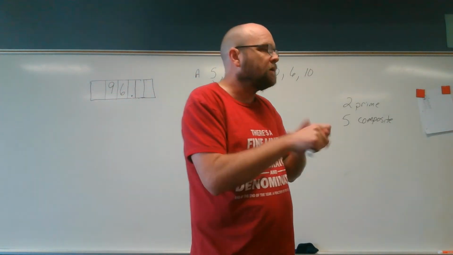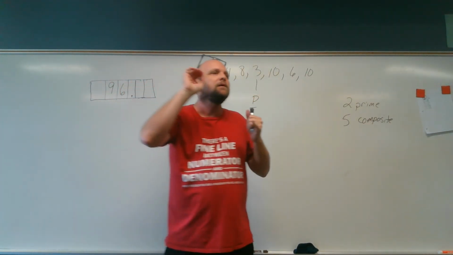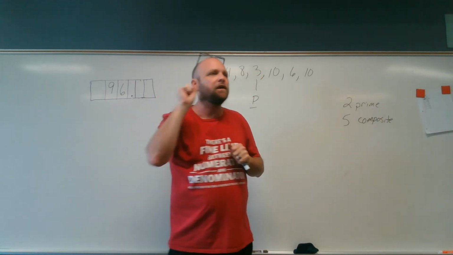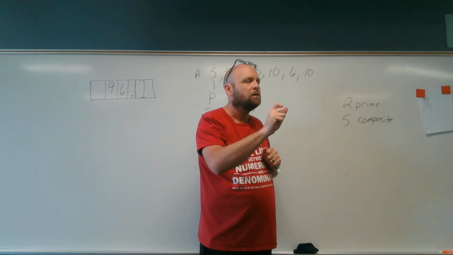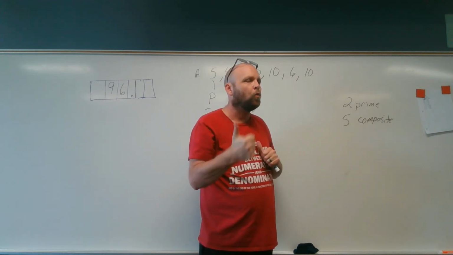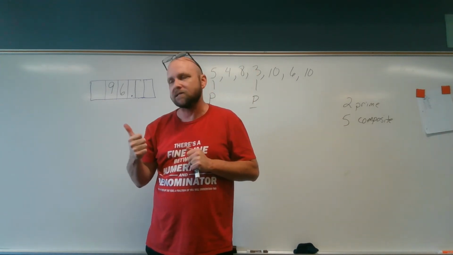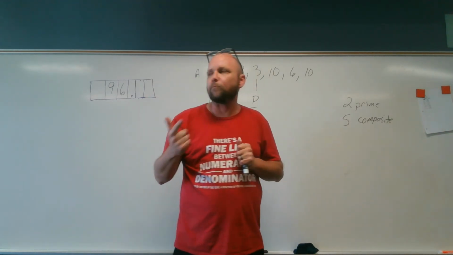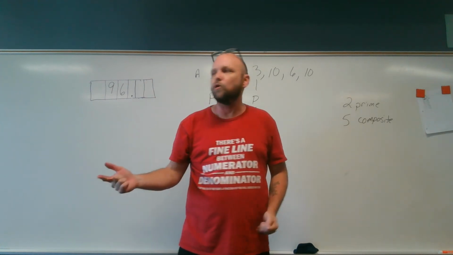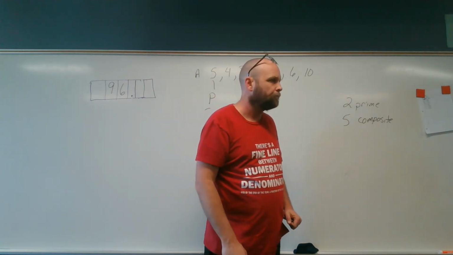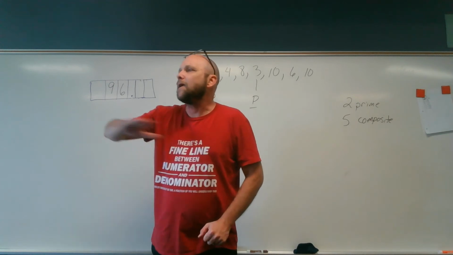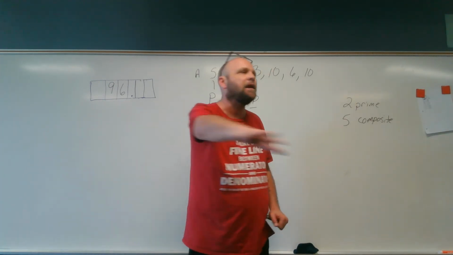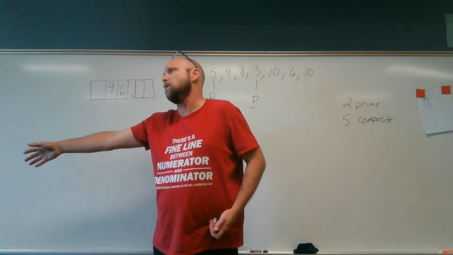When thinking about prime and composite numbers, at this age level, if you're taking a test with no notes, you can remember the following. 1 is not prime or composite. 2 is the only even prime number, because the only way to get 2 is 1 times 2. Any other even number is not prime. 28, not prime. 36, not prime.